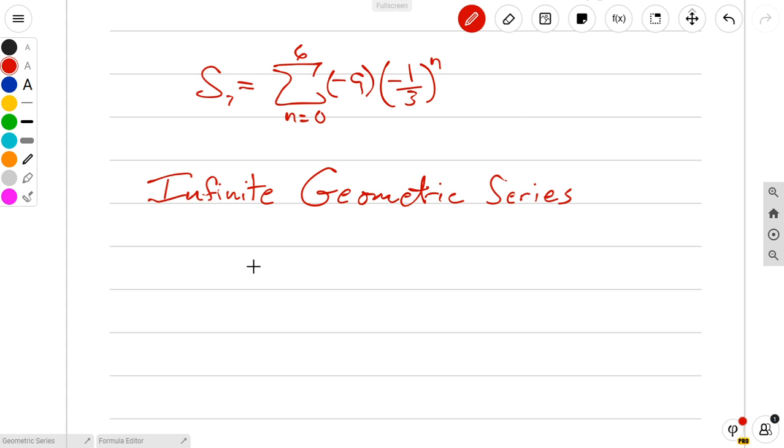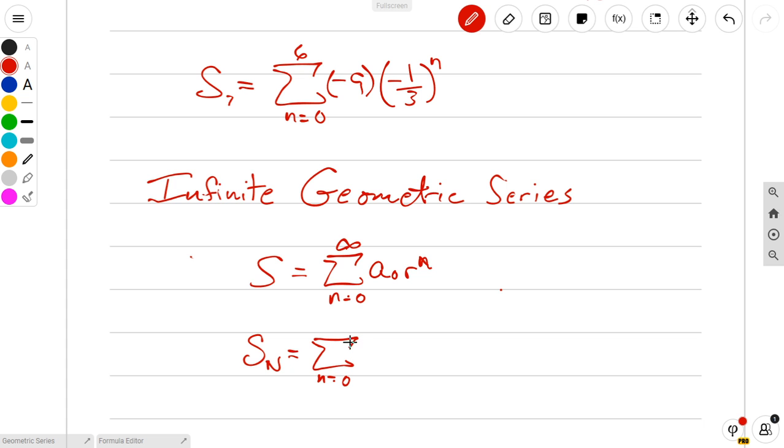So an infinite geometric series is going to take a sum, which is, of course, a sub 0 r to the n going from 0 to infinity. Right? We turn this into an nth partial sum, which is the formula we just came up with.